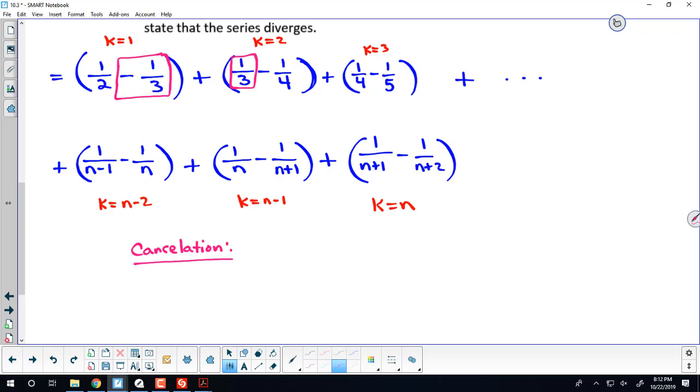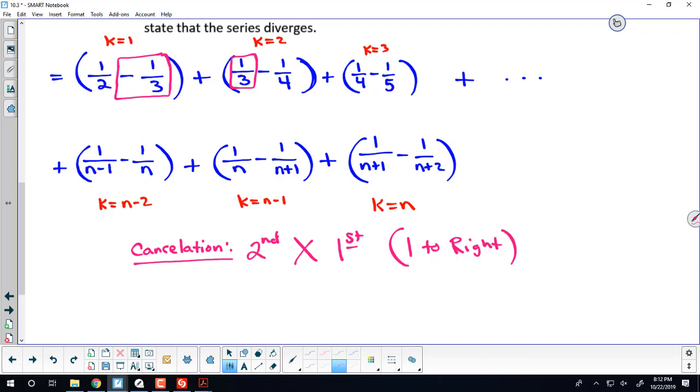So I'm just going to write the second cancels with the first one to the right. And that way when I get further on in my tail, I know which thing cancels exactly with which thing.